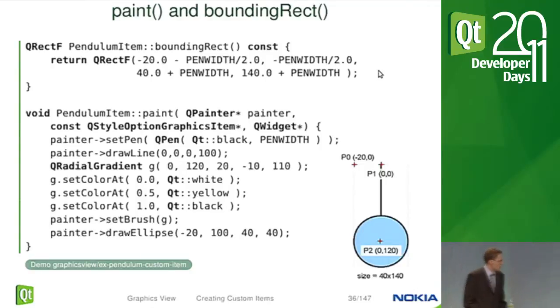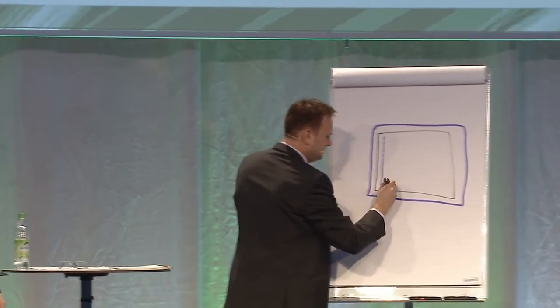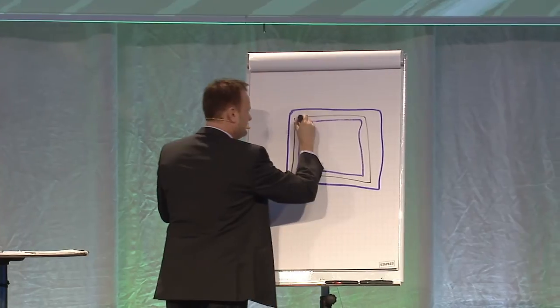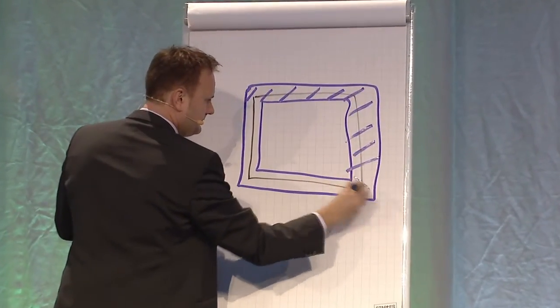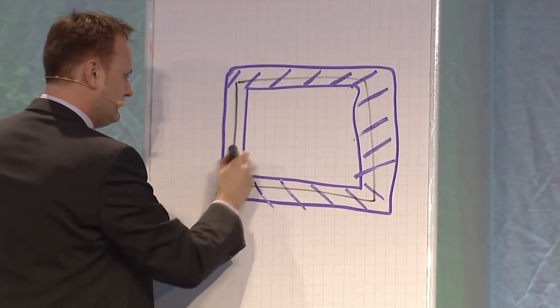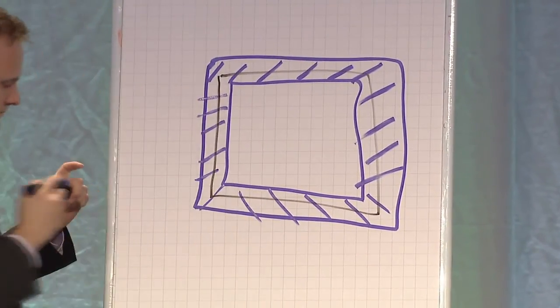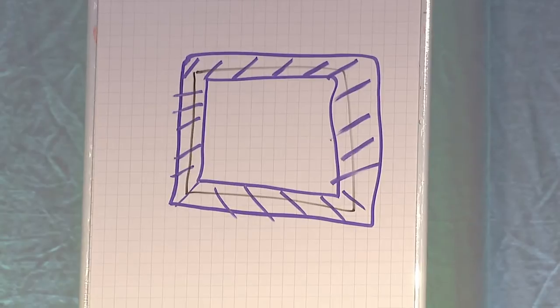So if I have a 2-pixel wide pen, 1 pixel will be inside the rectangle, and the other one will be on the outside. So I need to consider that when defining my bounding rect, otherwise it would be too small.